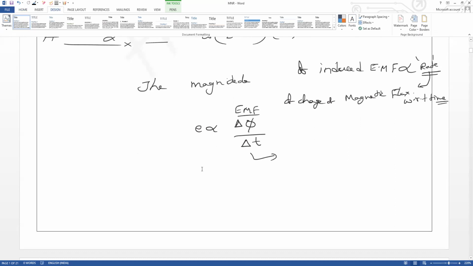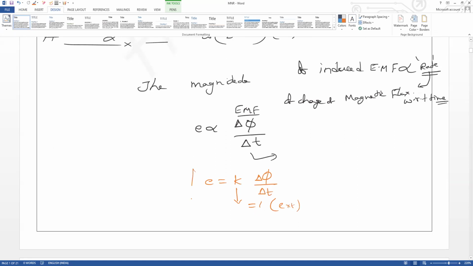Yes. So it belongs to the total. Total means average. EMF is equal to a constant K. We all know that the K value is considered 1, the experimental value. So it is delta phi by delta t.